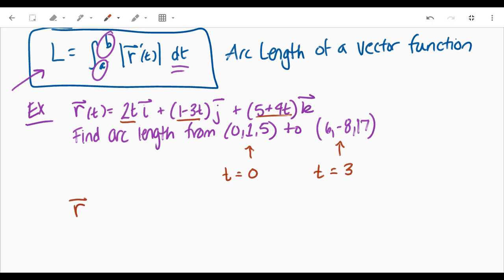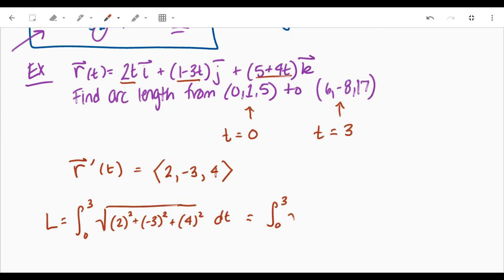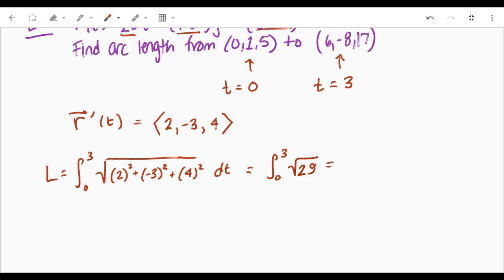Next, we want to find r prime of t, which would be (2, -3, 4). Okay, so our arc length then would be the integral from 0 to 3 of the square root of 2 squared plus (-3) squared plus 4 squared dt, which gives us the integral from 0 to 3 of the square root of 29 dt.